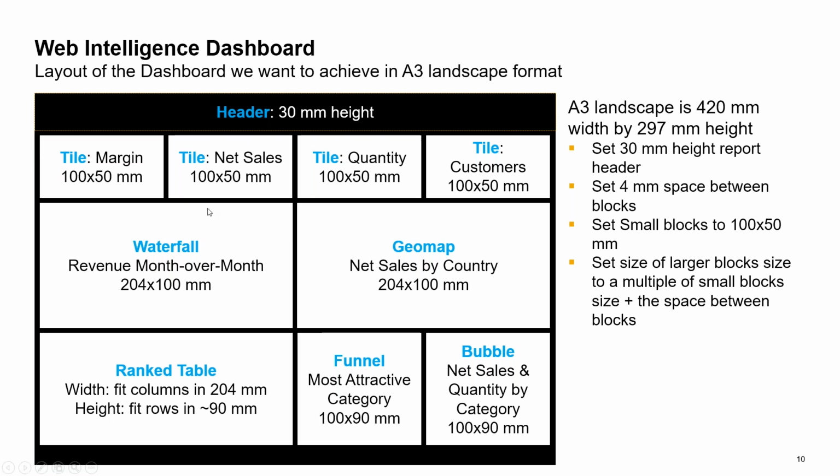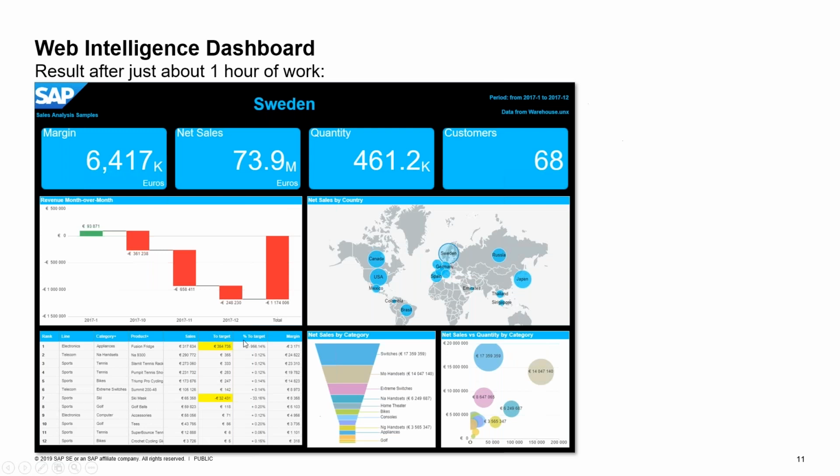And then I named each block according to the content I was going to see: the type of the block, whether this is a chart or table, and the actual content in terms of data. And this is the result I've obtained in less than an hour of work.